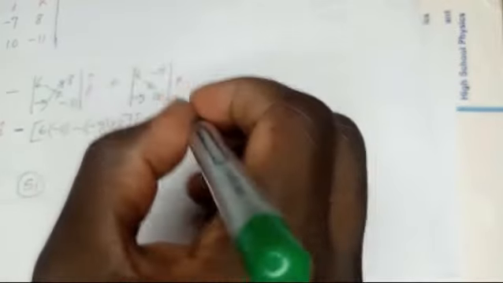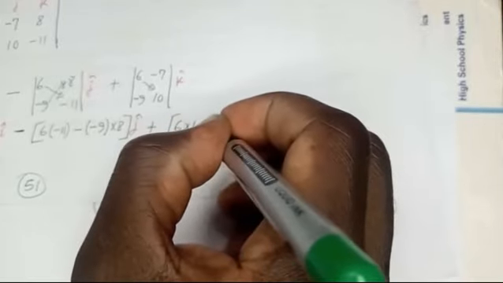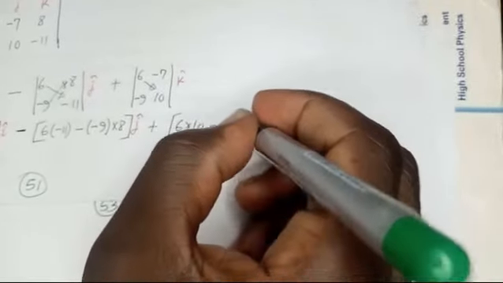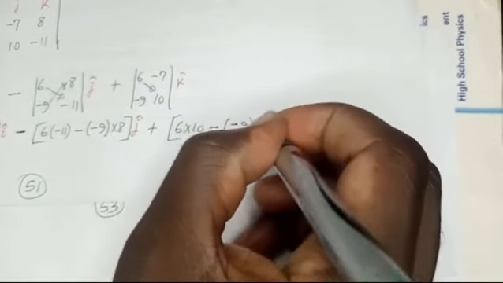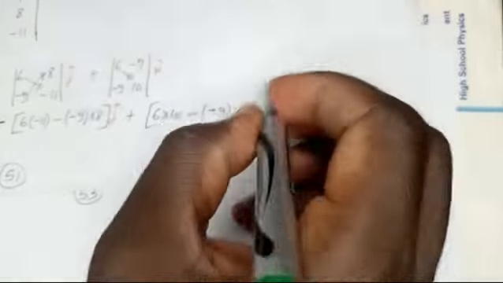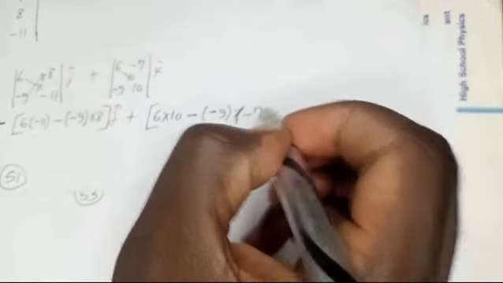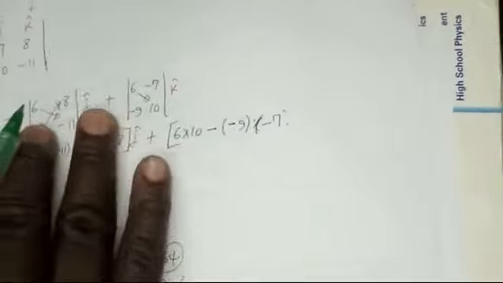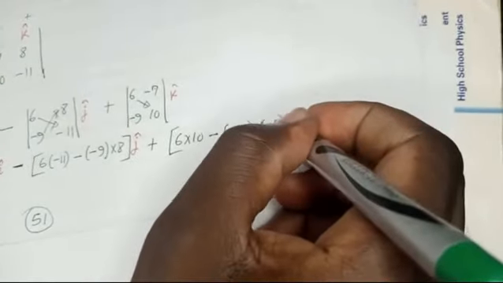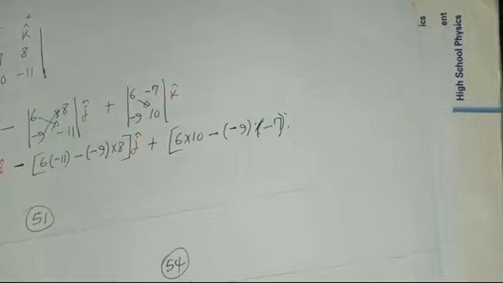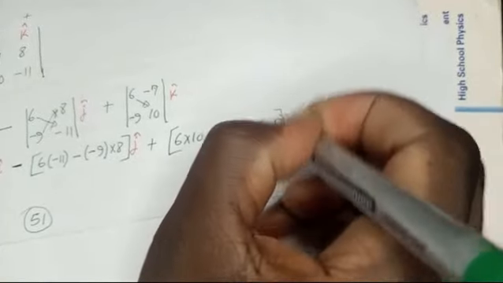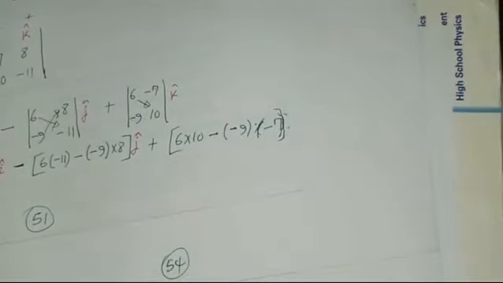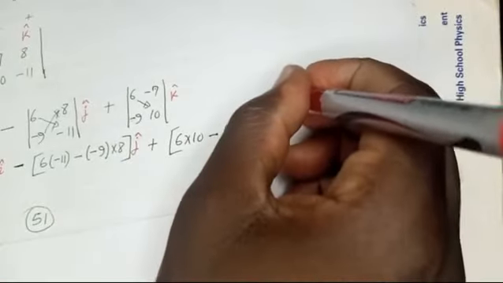This one times this will be 6 times 10 minus, then what I have here is negative 9. This one is also negative, so I open another bracket, minus 7. So you close bracket here. Remember, and you have your K cap here.